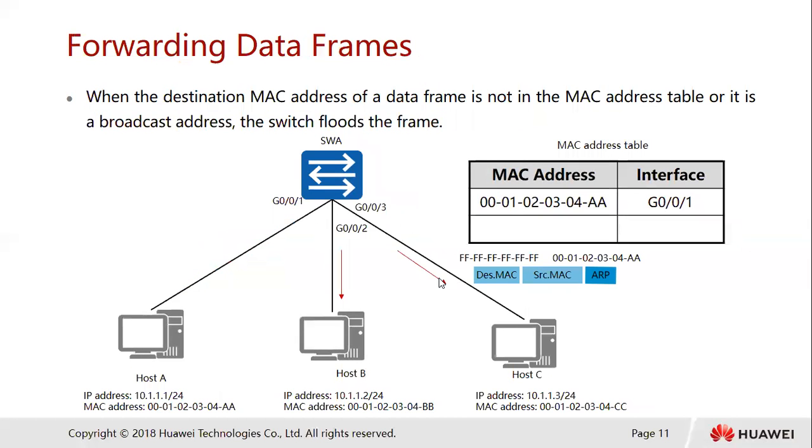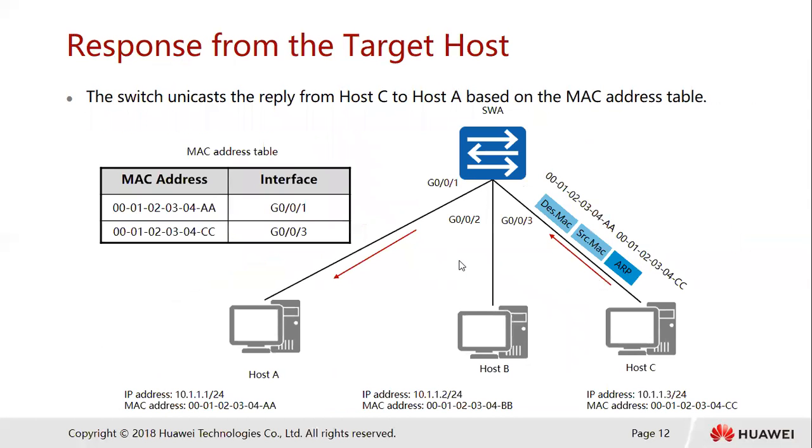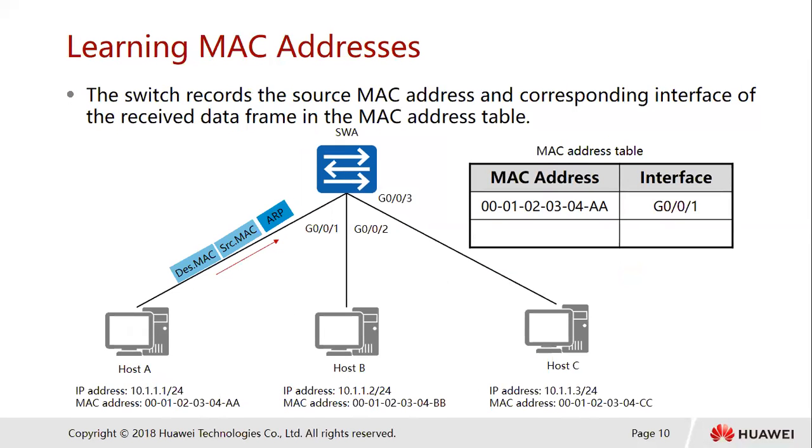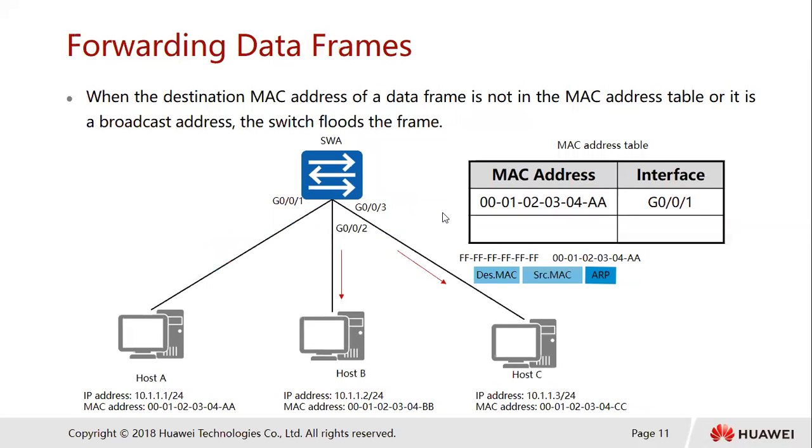This is how it is. The switch will continue learning until all these devices have submitted their MAC addresses to the switch, and the switch will keep this information in the MAC address table.